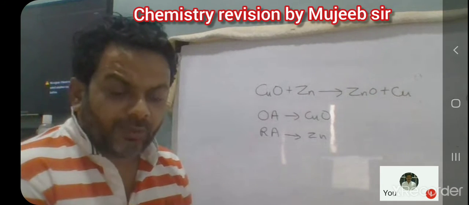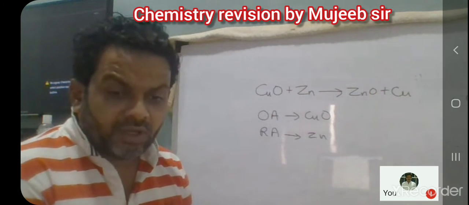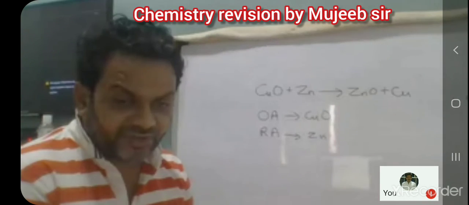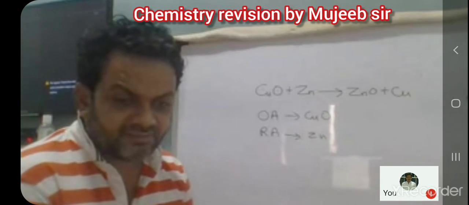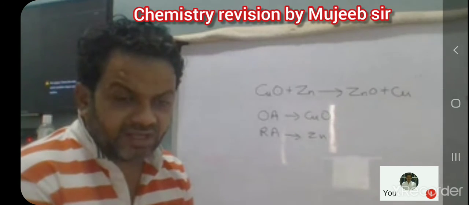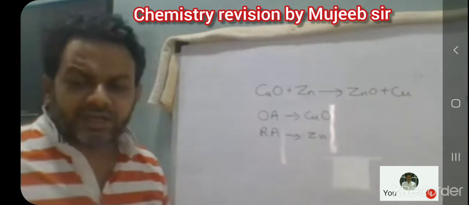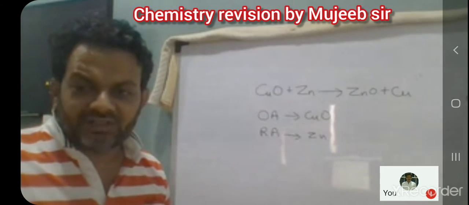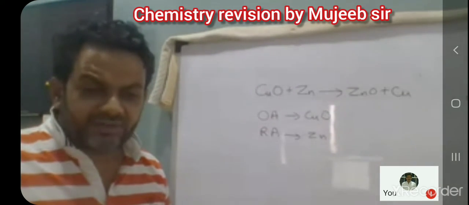Why does copper not evolve hydrogen on reacting with dilute sulfuric acid? The question is why hydrogen gas is not evolved when copper reacts with dilute sulfuric acid.